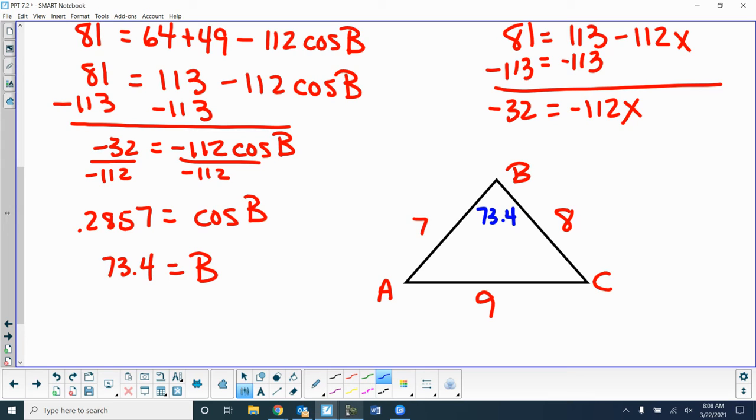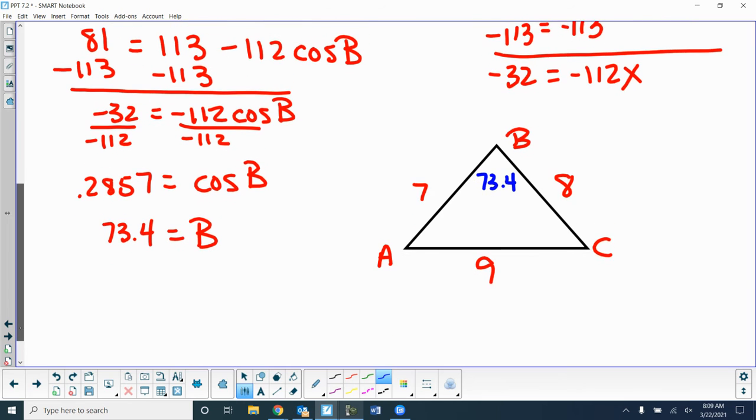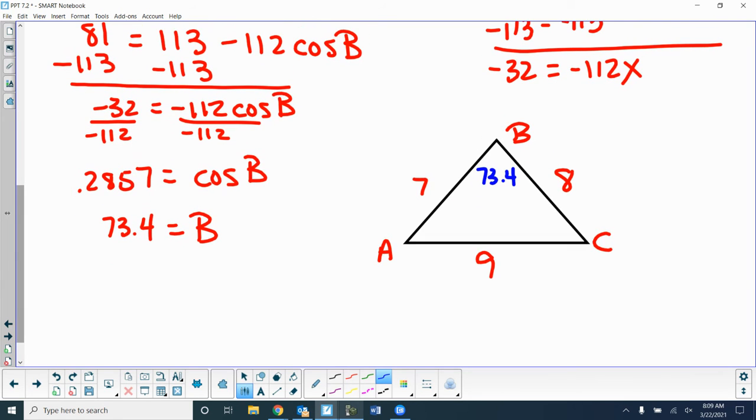Okay, so now I can use my law of sines. Now remember, whenever we go from law of cosines to law of sines, which angle do we go for? The smaller one. So which one's the smaller between A and C? C, right? 7's the shortest side, which is opposite angle C, so that's side c, right? So I'm going to set up my proportion again for law of sines.